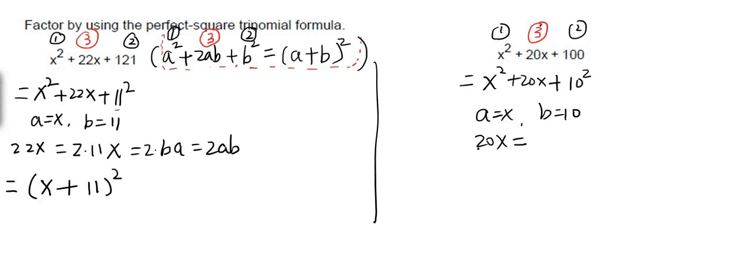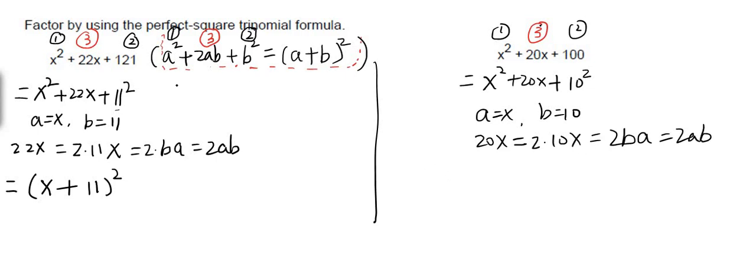We can factor 20. That is 2 times 10x. Here the 10 is b and x is a, that's exactly 2ab, right?